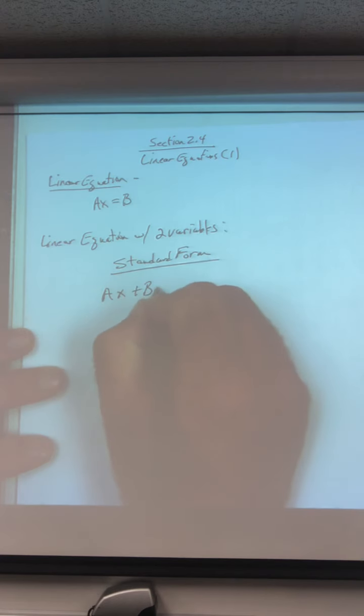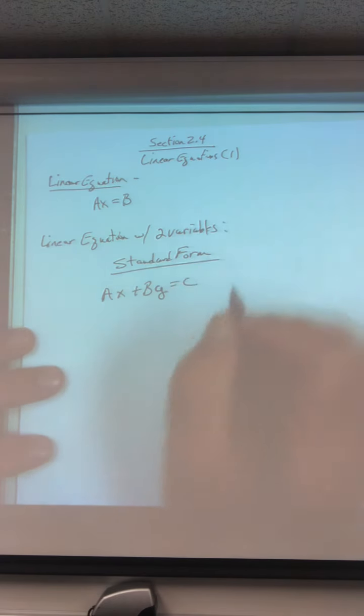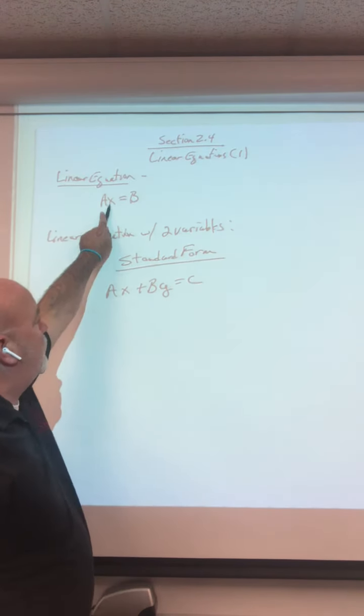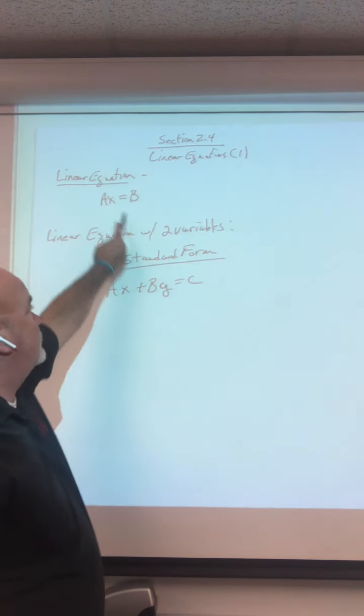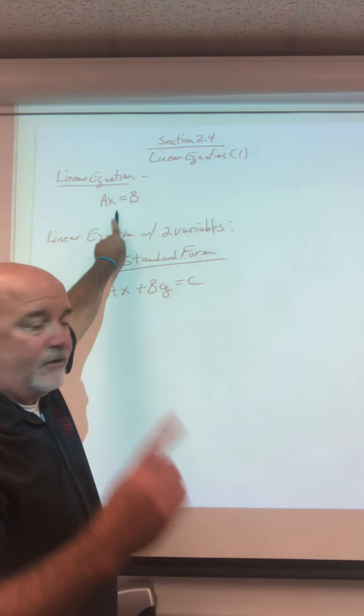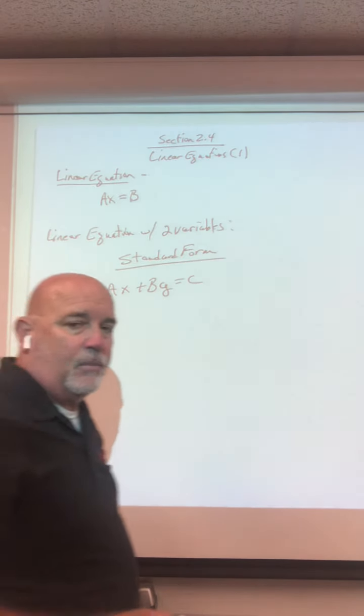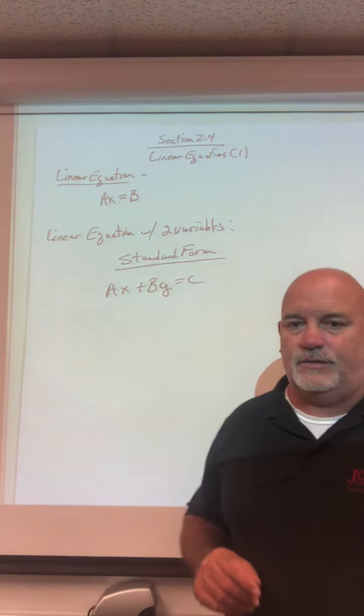So write this down right here. AX plus BY equals C. So, what's the difference in this linear equation and this linear equation? This linear equation up here has 1 letter in it. This linear equation down here has 2 letters in it. But they're still both linear equations.